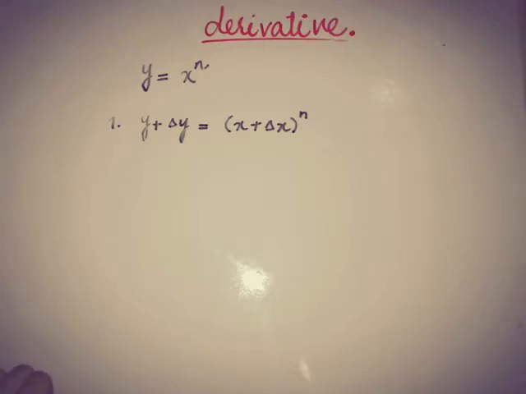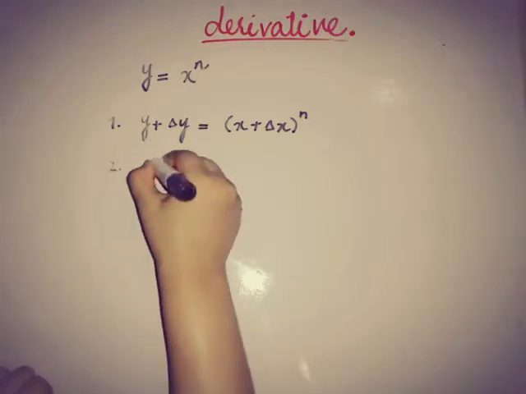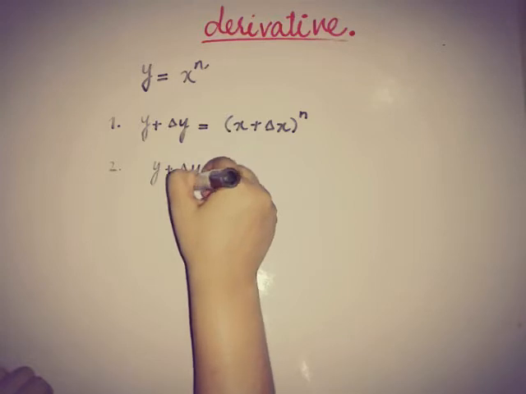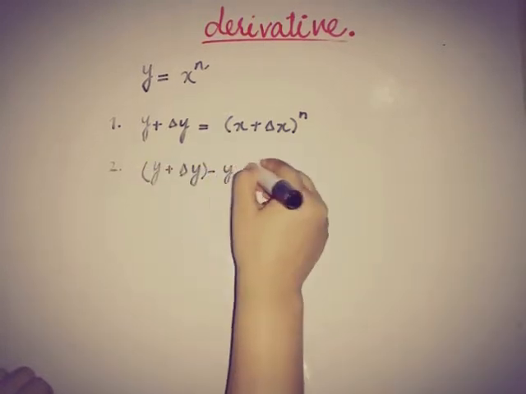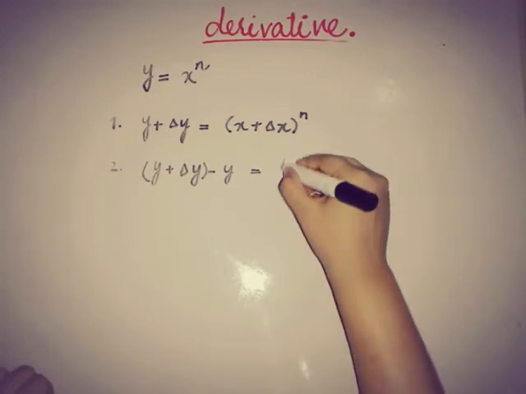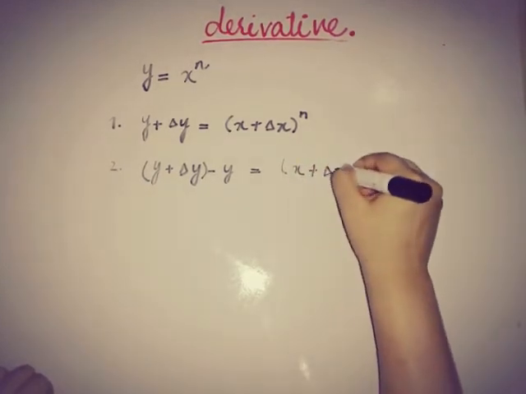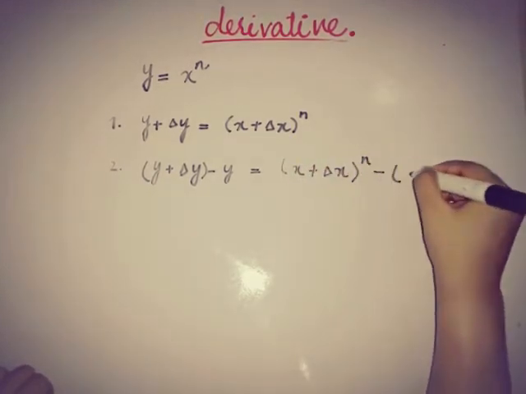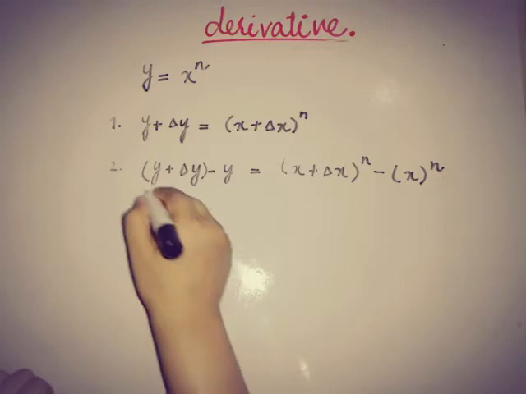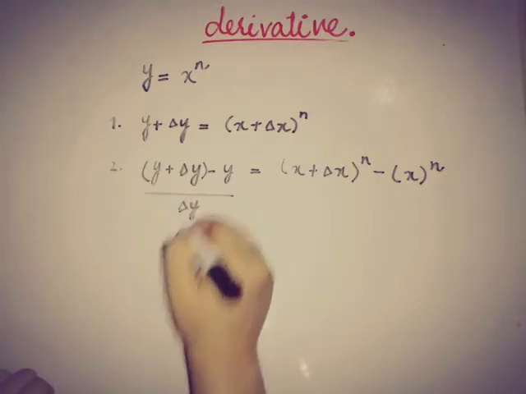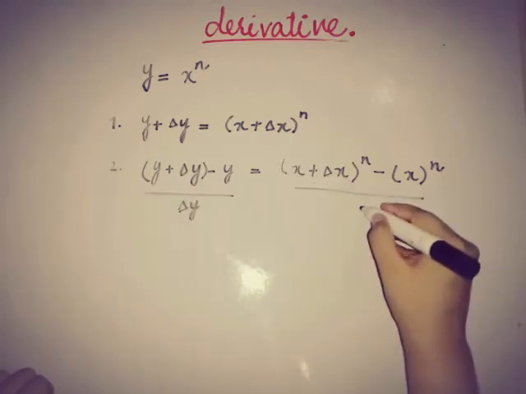The second step is subtracting the original function and dividing by the change itself.